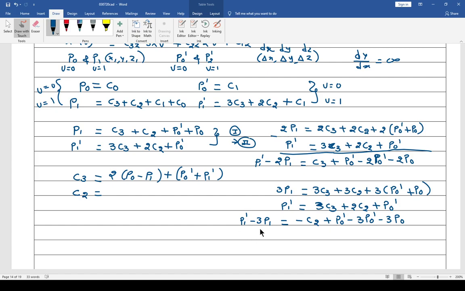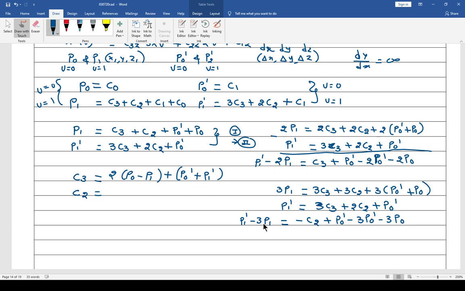Okay, so I need to find out c2. For that, first we will see the coefficient of p1. So C2 is minus, so I need to take it on this side, and C2 I have to bring on this side. So the coefficient of P1 is 3.